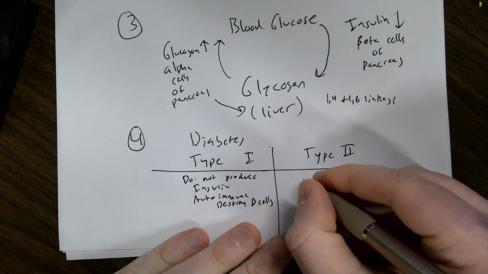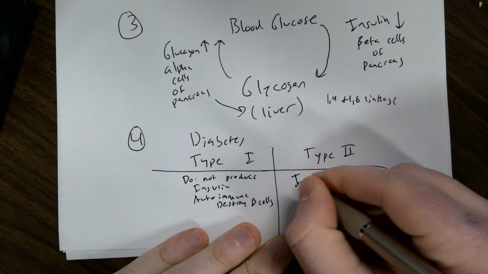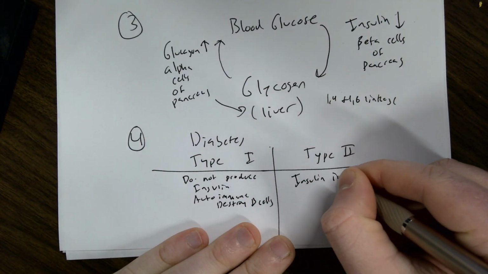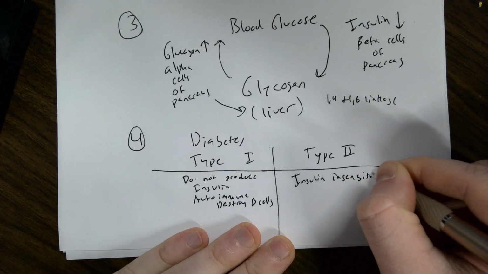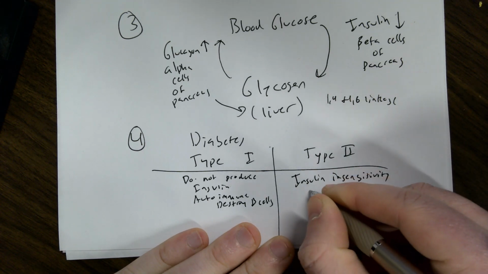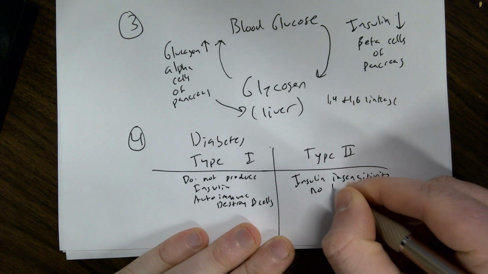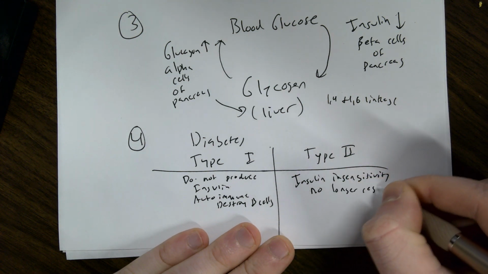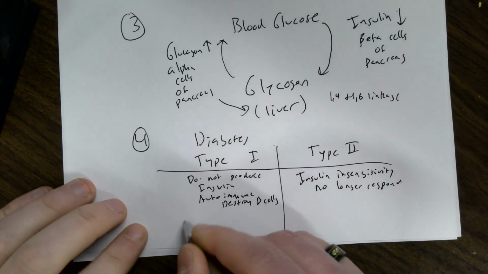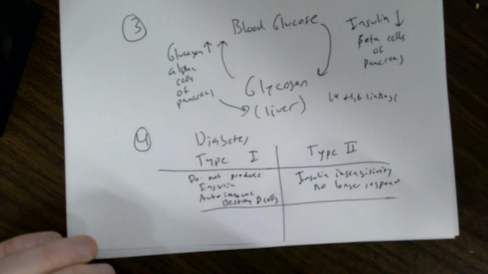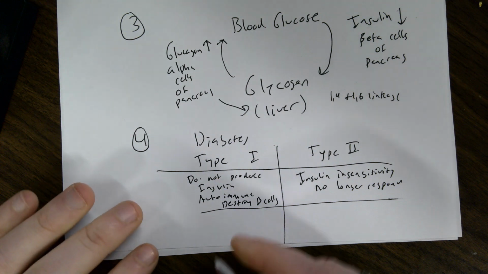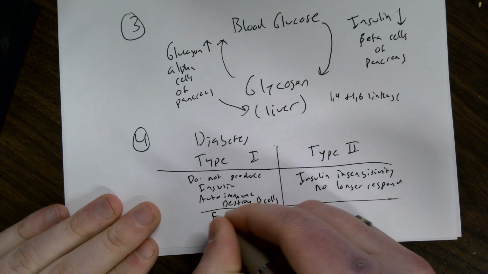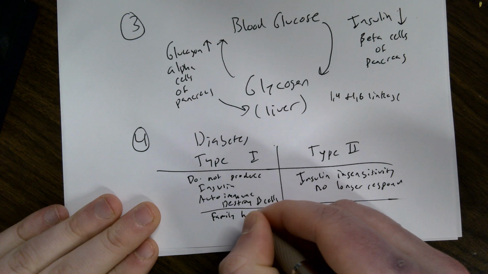In type 2, you have insulin insensitivity. You produce too much insulin, and so you no longer respond. Risk factors for type 1 would be family history and genetics.